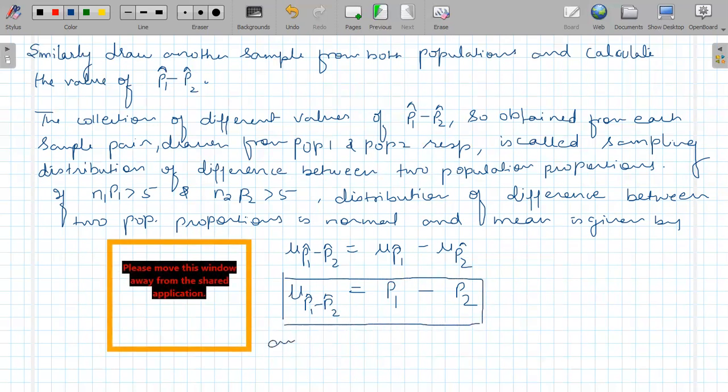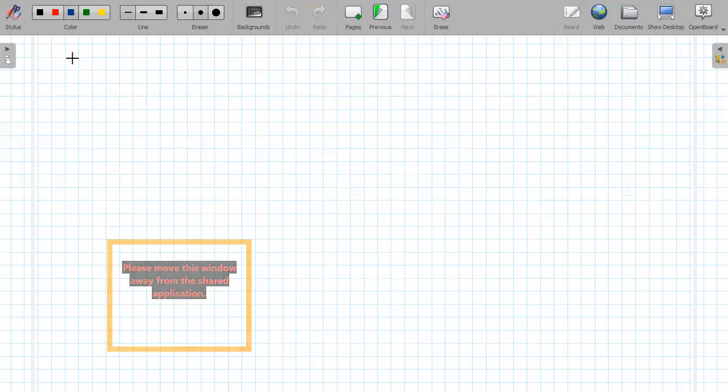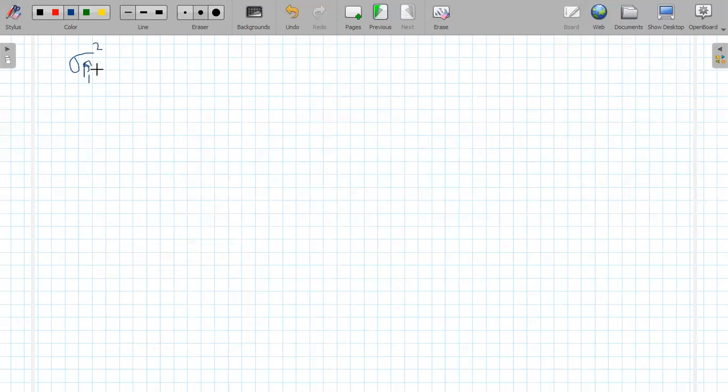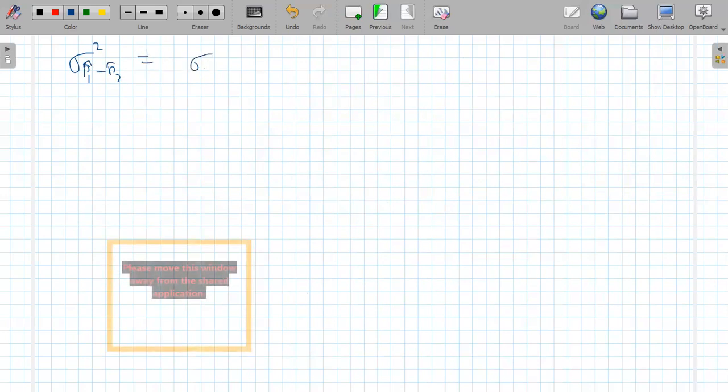And variance. Variance is given by sigma square of P1 cap minus P2 cap equals sigma square P1 cap plus sigma square P2 cap.